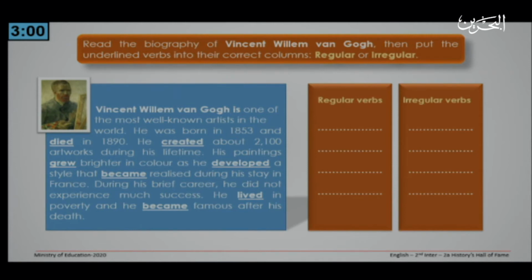His paintings grew brighter in color as he developed a style that became realized during his stay in France. During his brief career, he did not experience much success. He lived in poverty, and he became famous after his death. You will have 3 minutes to finish this task. Good luck.